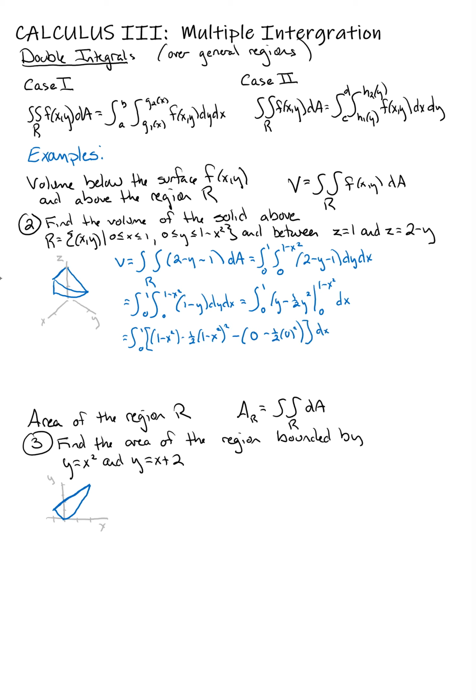If we simplify all of this, take your time with it. Let's see, we should end up with, of course, that last term is all 0. Here we have 1 minus x squared minus 1/2 times, let's see, looks like that will give us negative 1/2 x to the 4th, that's 1.